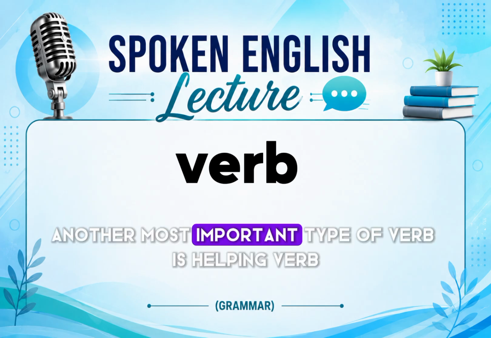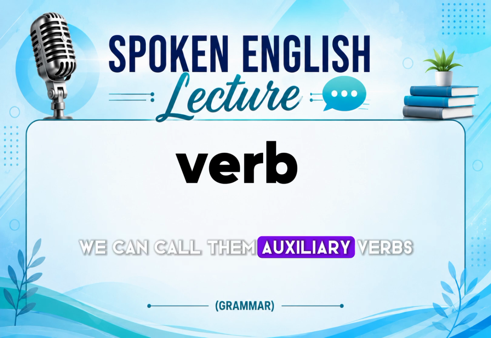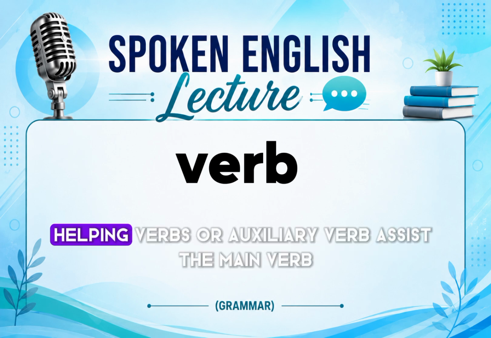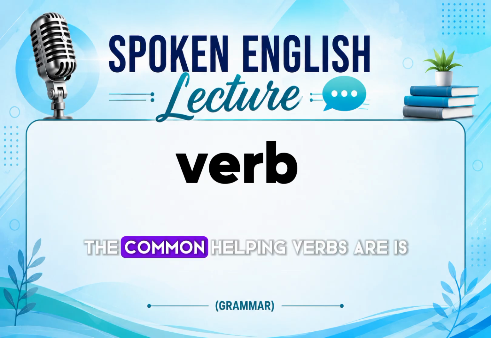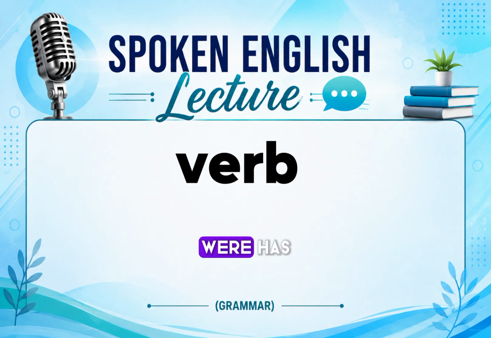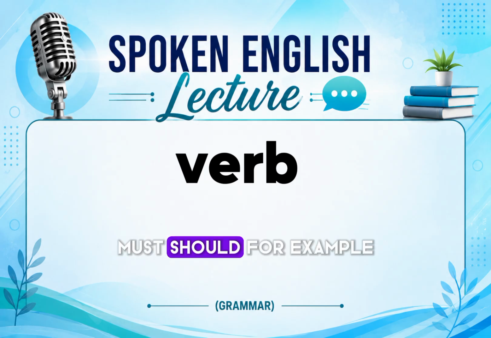Another most important type of verb is helping verb. We can call them auxiliary verbs. Helping verbs or auxiliary verbs assist the main verb. The common helping verbs are is, am, are, was, were, has, have, had, do, does, did, will, shall, can, could, may, might, must, should.